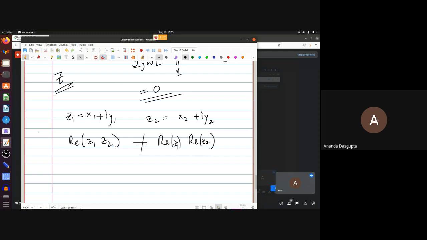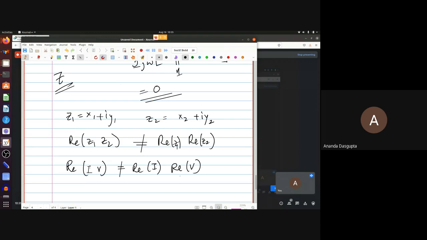Because the real part of Z1 Z2 is actually x1 x2 minus y1 y2. That's not the real part of Z1 times the real part of Z2, which is just x1 x2. Real part of I times V is not equal to real I, real V.